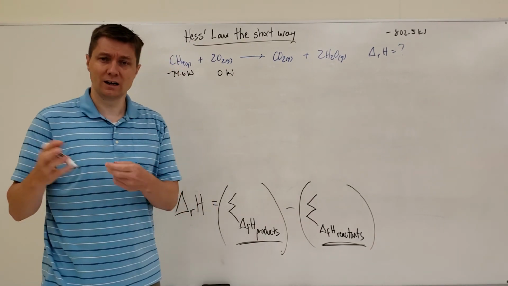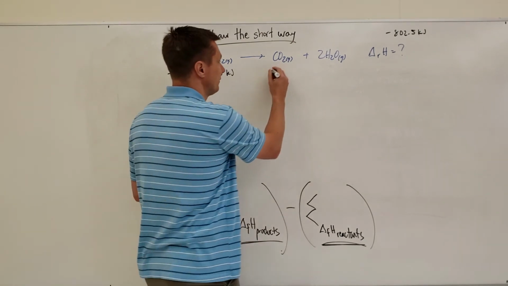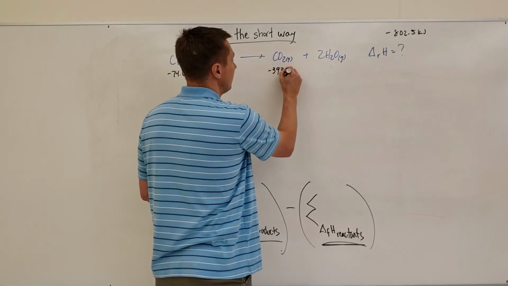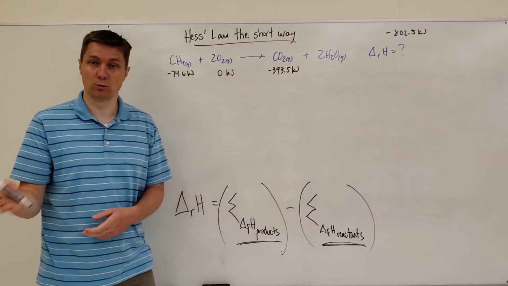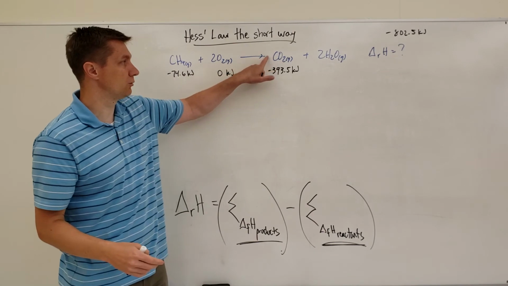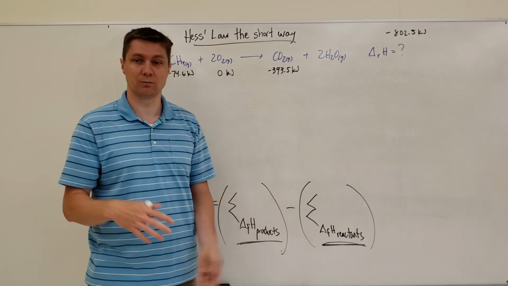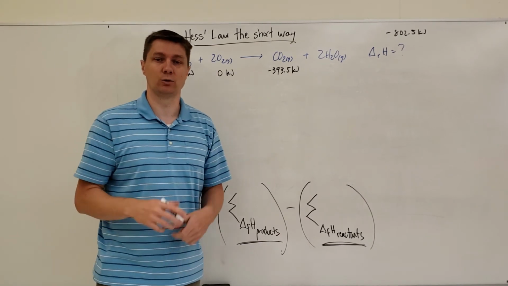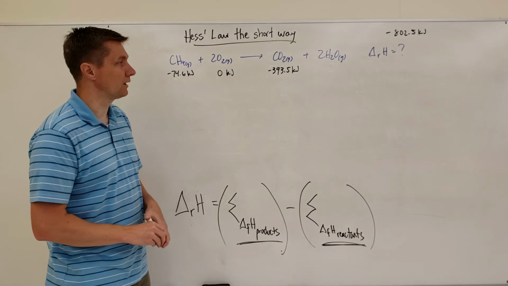For carbon dioxide, I look in my data booklet again, and that's negative 393.5. In the data booklet it is kilojoules per mole, and because in this chemical reaction I only have 1 mole of carbon dioxide, if I multiply this number by 1, that cancels out the moles, and it's just negative 393.5 kilojoules for carbon dioxide.